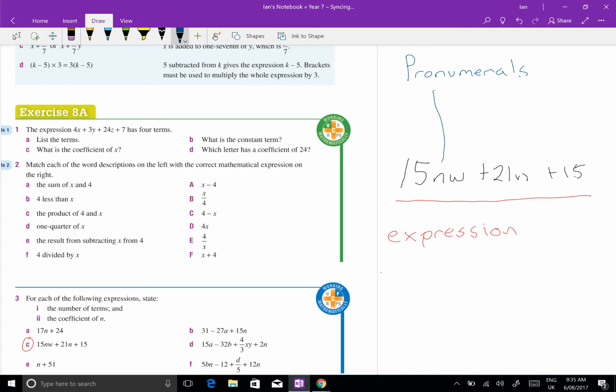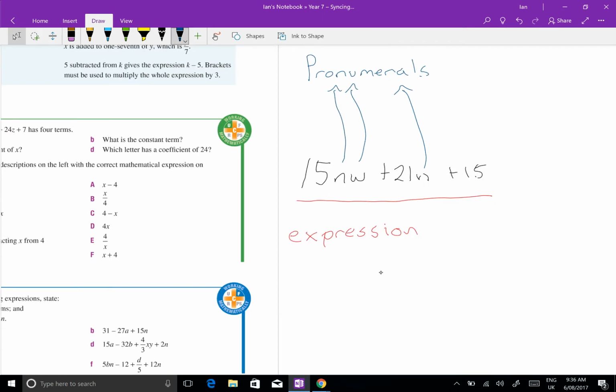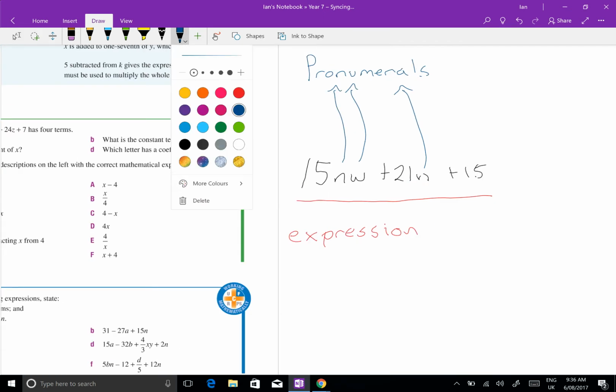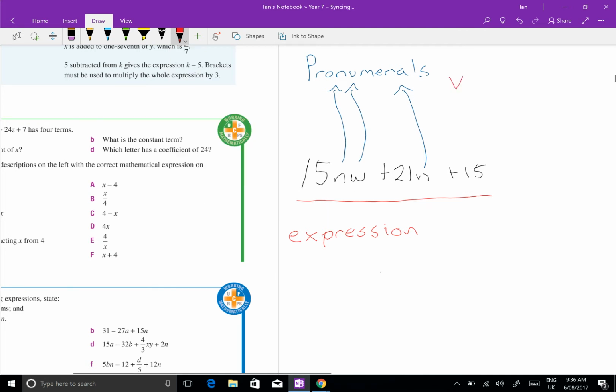Our pronumerals are the N, the W, and we've got another N. We only have two pronumerals in this one, N and W, and they are variables. They are numbers that we don't know, and they vary.